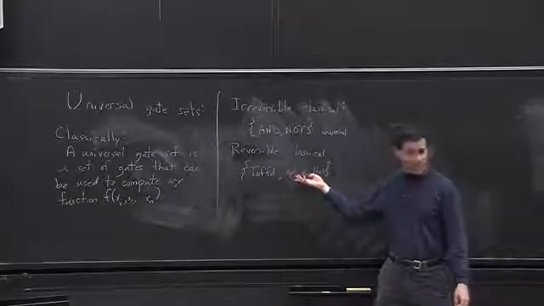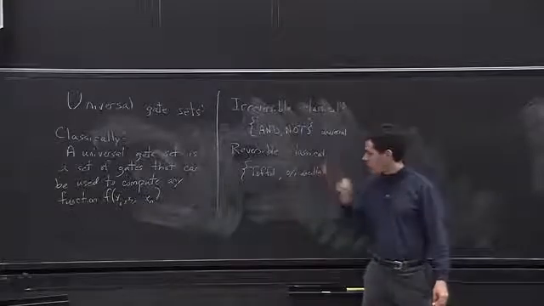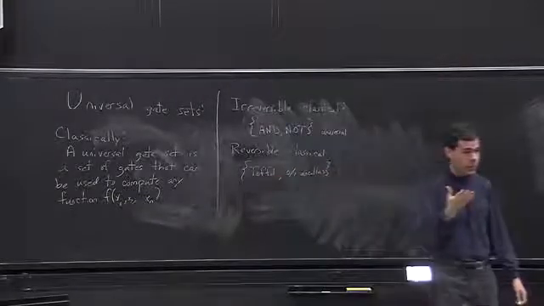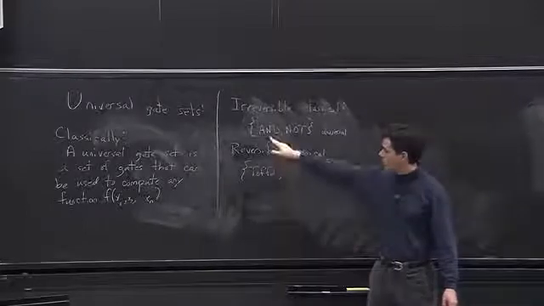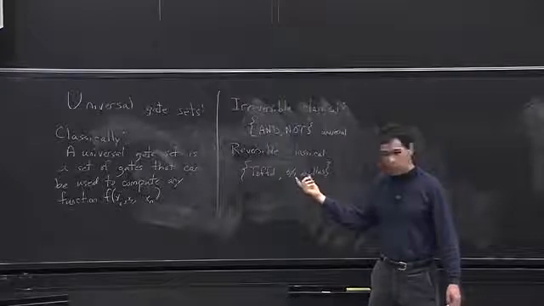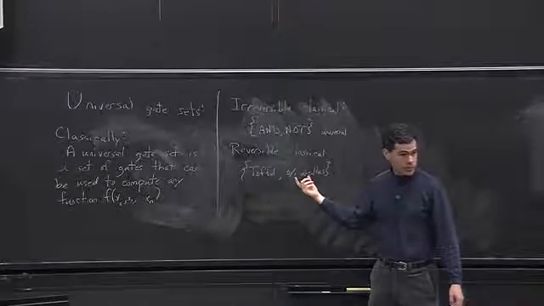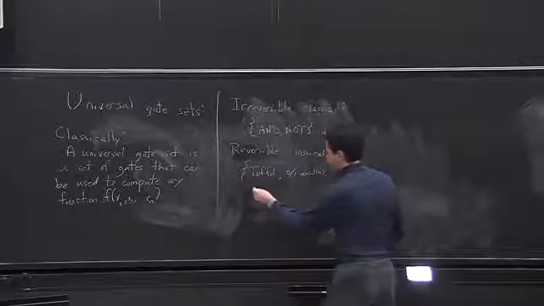Well, this is not really a gate, but I'm just putting it down there because it's an essential part of the construction. But then the Toffoli gate by itself, as I mentioned yesterday, is enough to give you both AND and NOT, using the appropriate inputs for some of the bits.